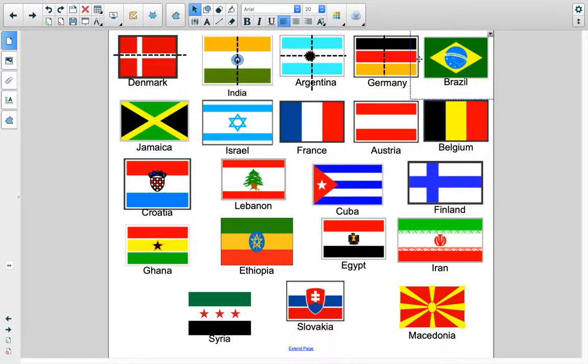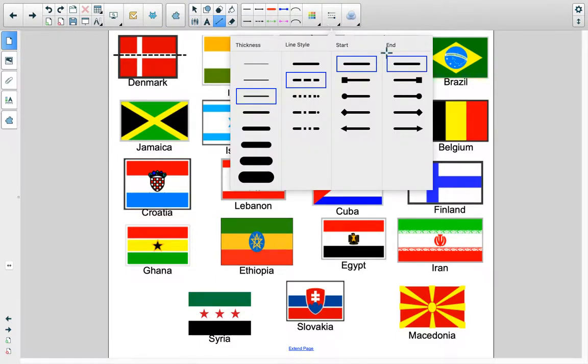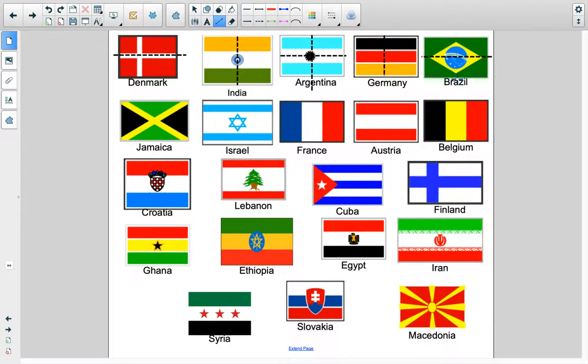So the Argentinian flag is symmetrical in that it has the diamond in the middle, which is totally symmetrical, but the circle thing in the middle is not. Jamaican flag. I don't know why I love the Jamaican flag so much, but there's something about it that just appeals to me.